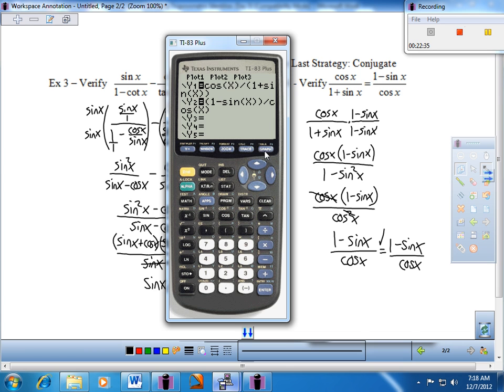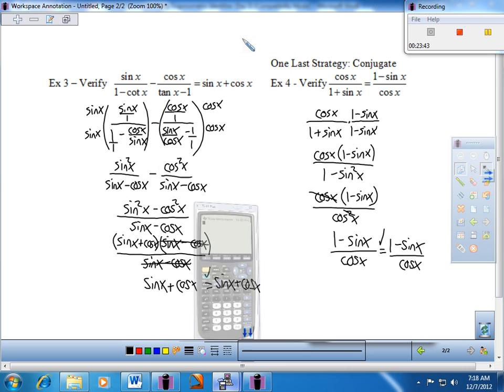When I hit graph again, nothing should change, because all the real numbers that worked for this also work for this. And when I hit graph, interesting, the asymptotes popped up, because of this piece right here. But the graph is still identical. It's intriguing that the left-hand side is equal to the right-hand side.